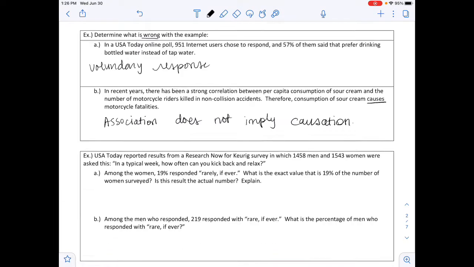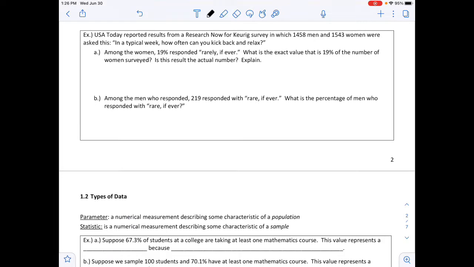The next example says, USA Today reports results from a Research Now for Keurig survey in which 1,458 men and 1,543 women were asked this: in a typical week, how often can you kick back and relax? Part A says among the women, 19% responded rarely, if ever.